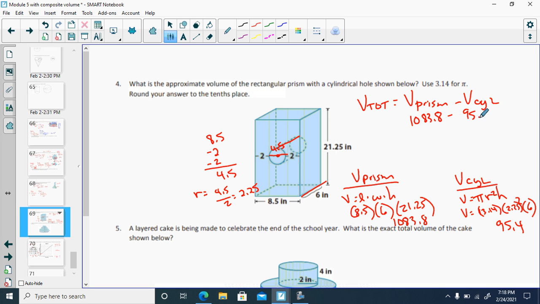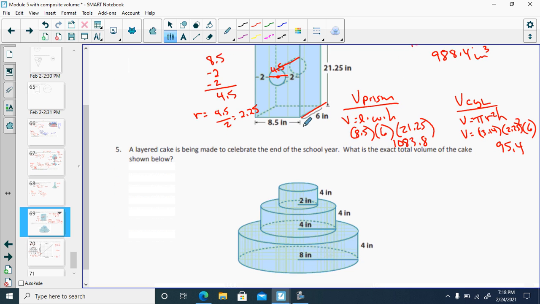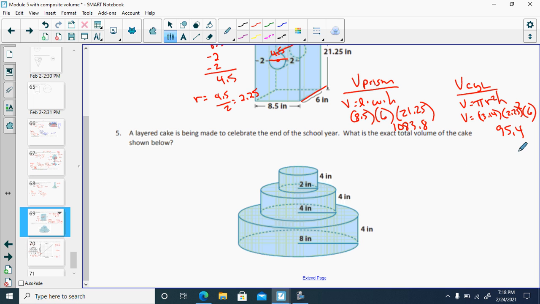So 1083.8 minus 95.4 would give me 900.4. And what units is that? Cubic inches.